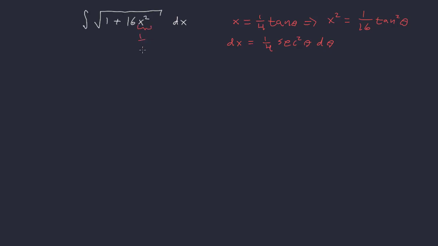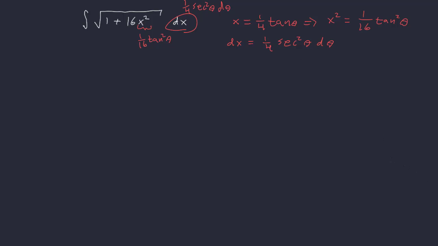Because we'll be plugging in a 1/16 tan squared theta, and then our dx is going to become a 1/4 secant squared theta d theta.